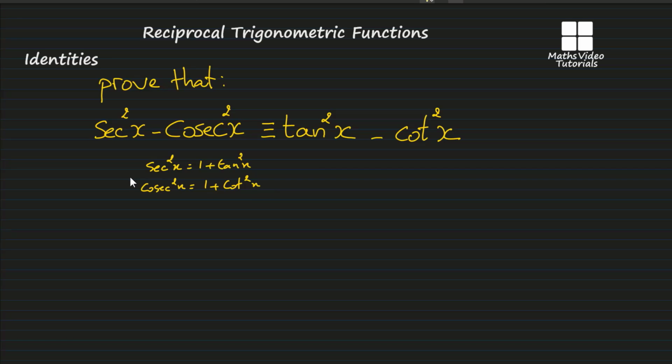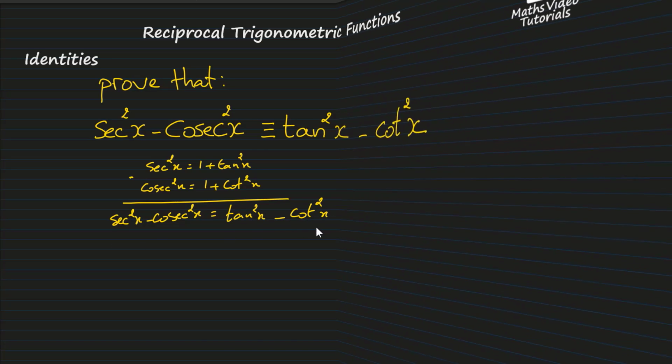By subtracting the two, I'll get sec squared minus cosec squared. And on the other side, the 1 will be eliminated, and we will be left with tan squared x minus cot squared x as required.